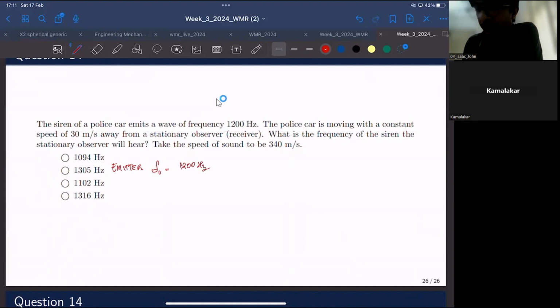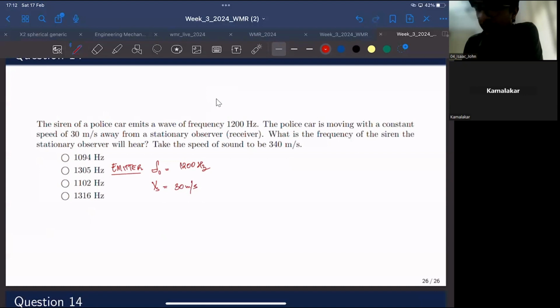And the police car moves with a constant speed of 30 meters per second away from the stationary observer. So the emitter velocity Vs is 30 meters per second.